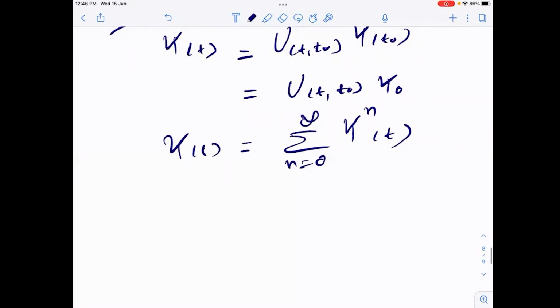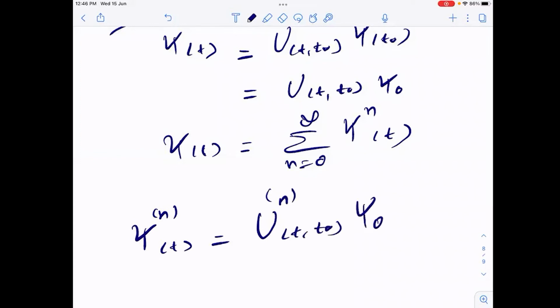And psi nt, if you want to work it more generically, will be U order n T T0 psi 0.